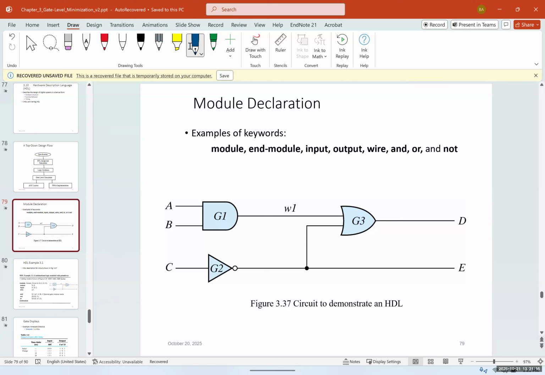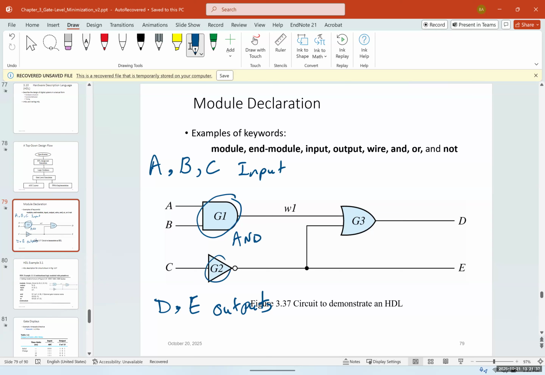We have 3 inputs, which are A, B, and C. And we have 2 outputs, D and E. We have 3 logic gates: G1, which is an AND gate, G2, which is a NOT gate, and G3, which is an OR gate.